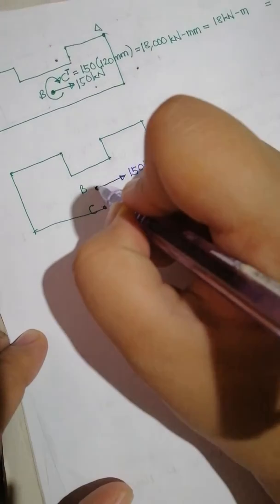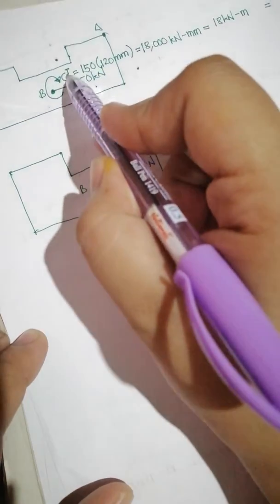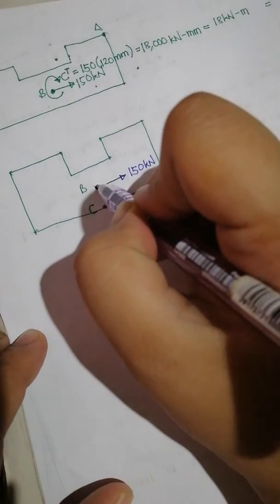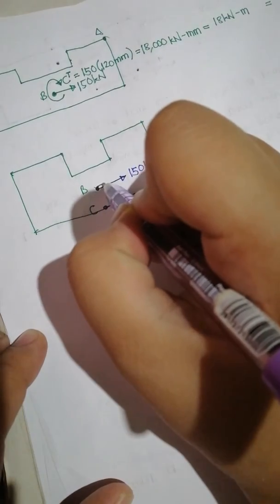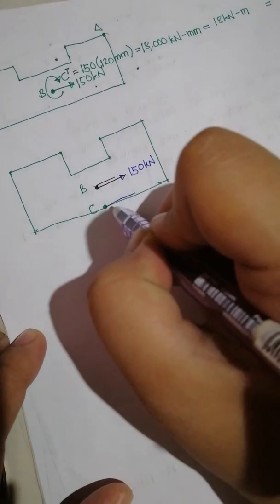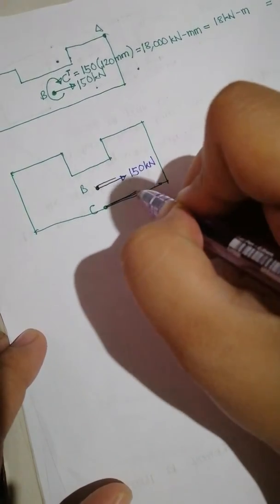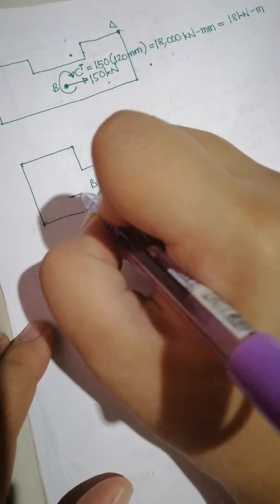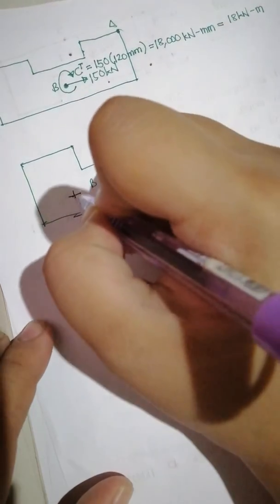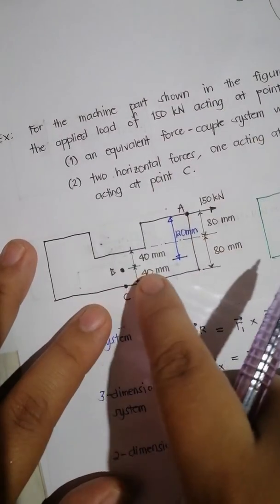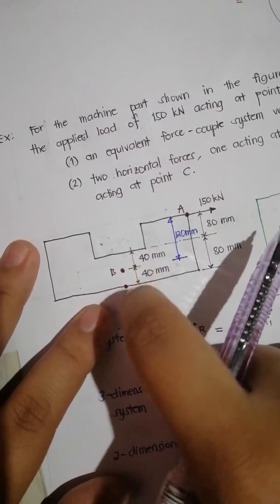So for this couple moment, we will convert it into two horizontal forces, one acting at B and one acting at C. We know that the horizontal distance from B to C based on the original figure is 40, from B to C.